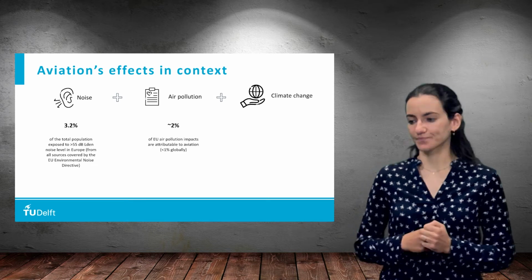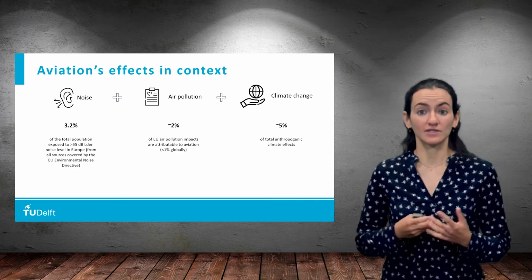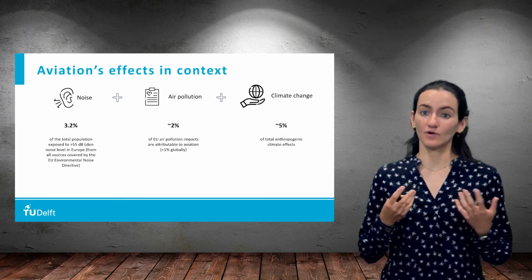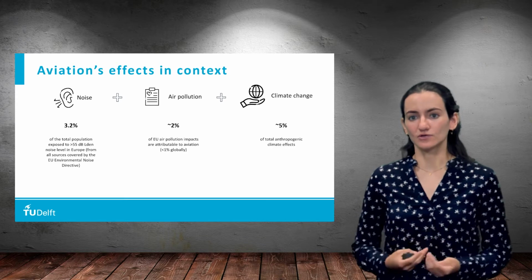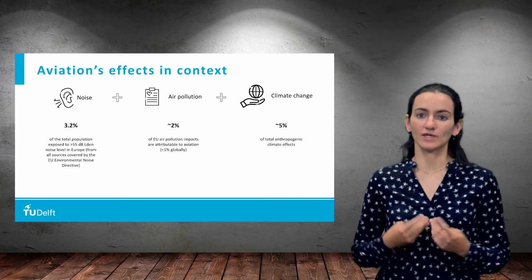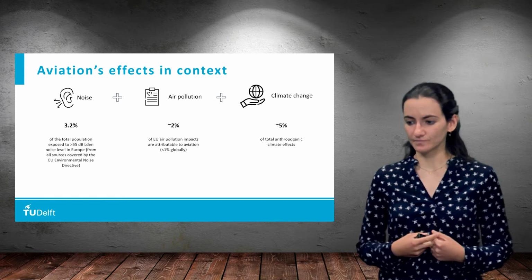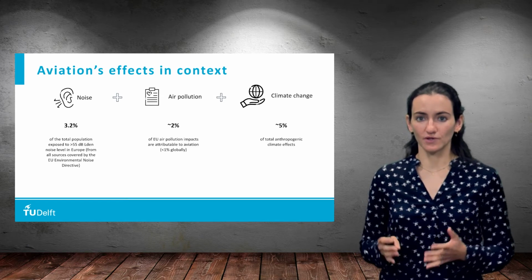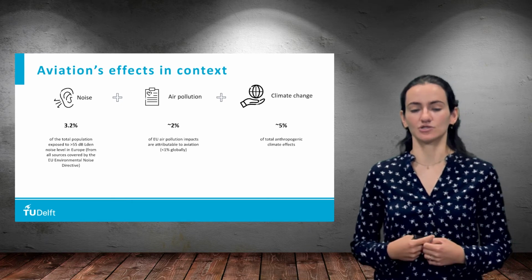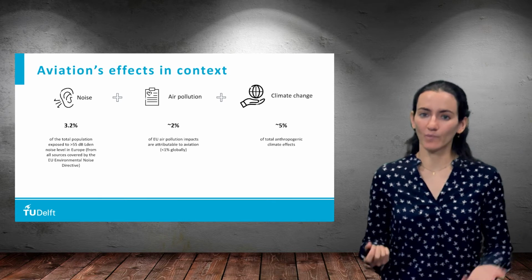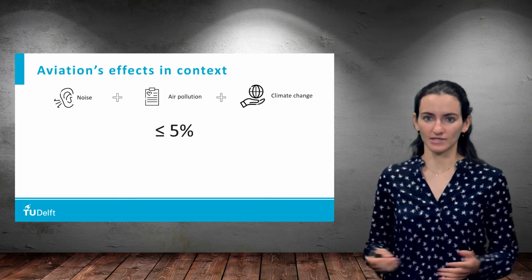Now, when it comes to climate change, if you aggregate the different effects of aviation emissions, aviation is responsible in total for around 5% of anthropogenic climate change. We'll look into each of these environmental effects in more detail in later lectures. But for now, the ballpark is around 5% or less, depending on the exact environmental effect you're looking at.